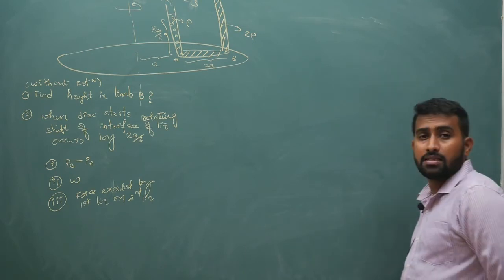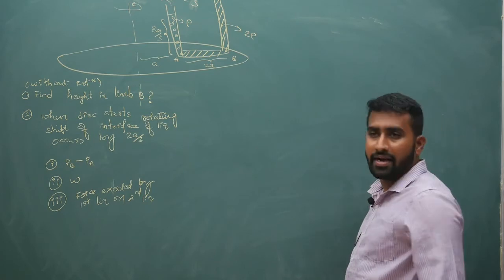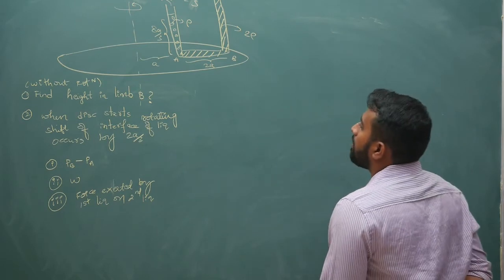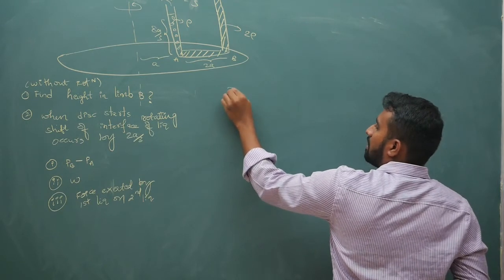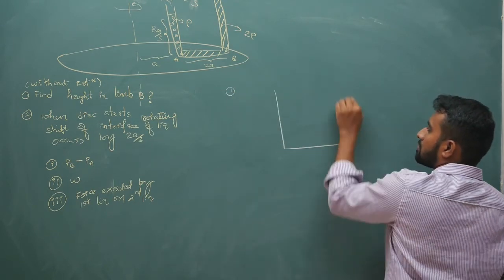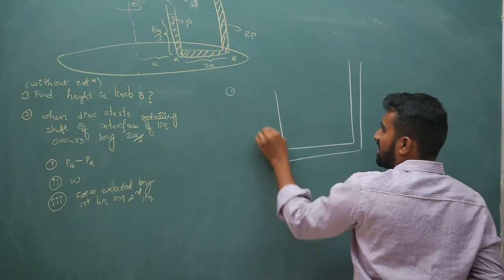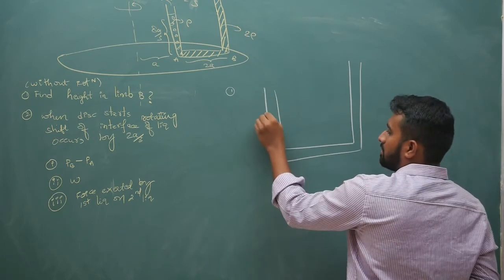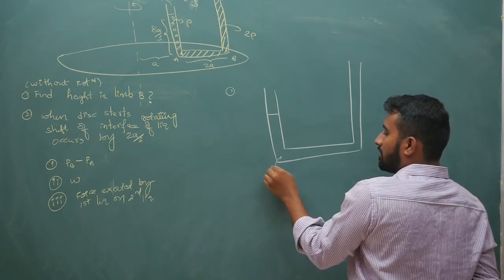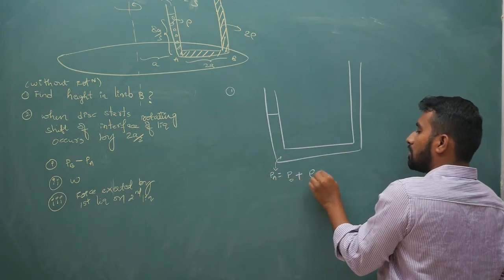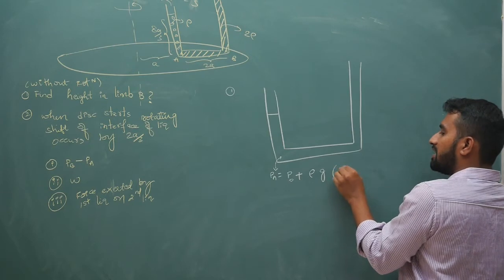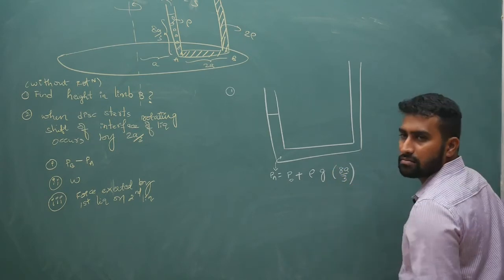The first answer is, you are asked to find height in limb B, right? So look at this. For the first bit, answer is, it is not rotating initially. So when it is not rotating, pressure at bottom is P naught plus rho into g into height, which is 8a by 3 here.